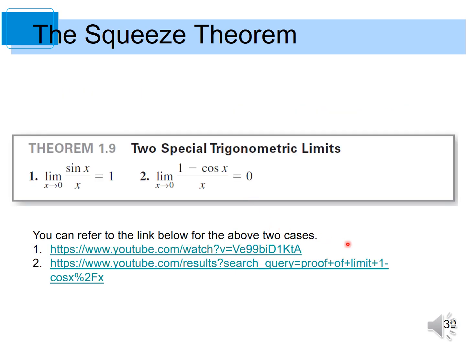We have two special trigonometric limits. You can refer to the link below for the proof of the above two cases.